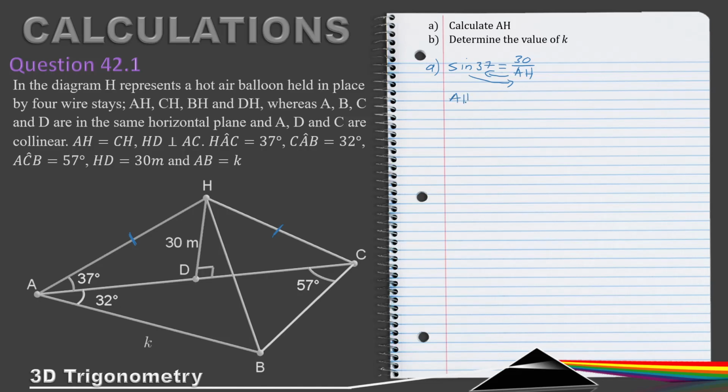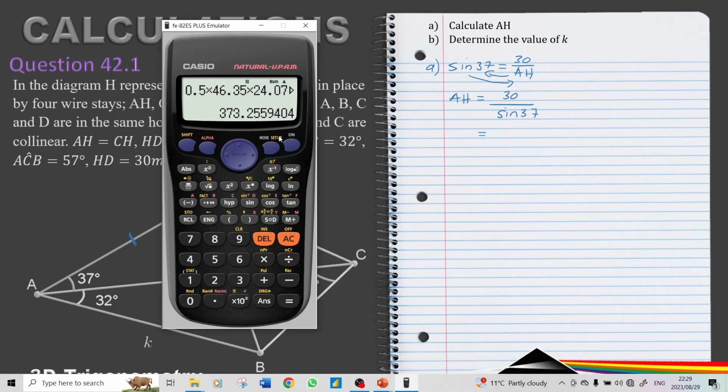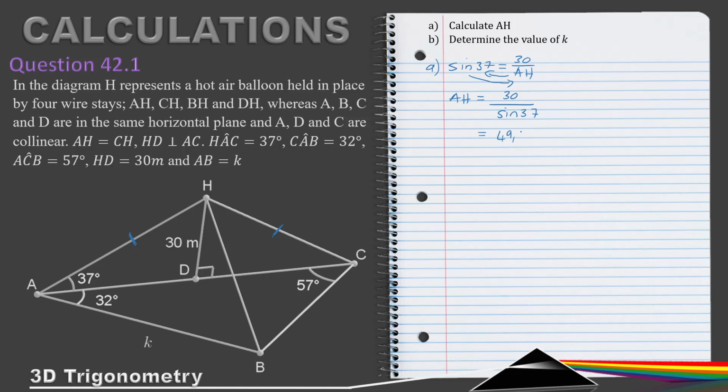So AH is equal to 30 over sine 37, all right? And then we just calculate that. 30 over sine 37 is equal to 49,85. Okay, do we have units? Yes, it's in meters.